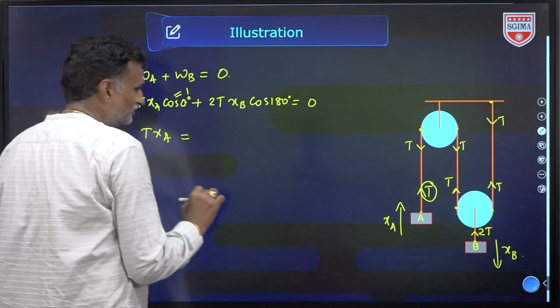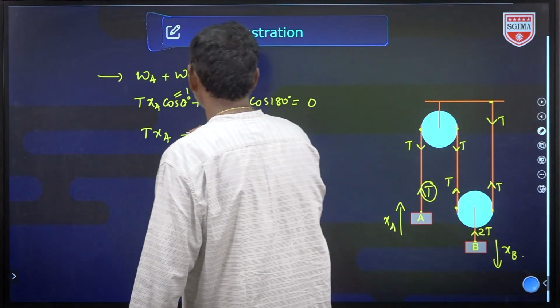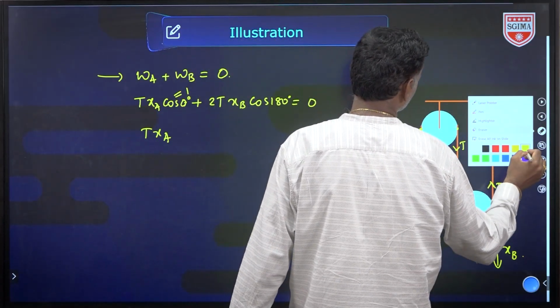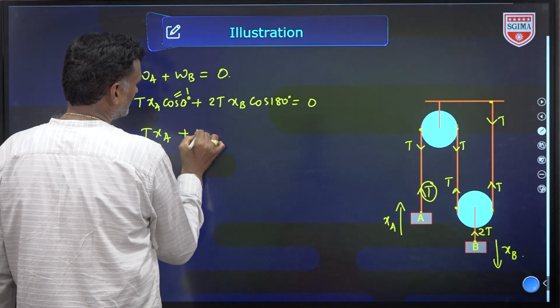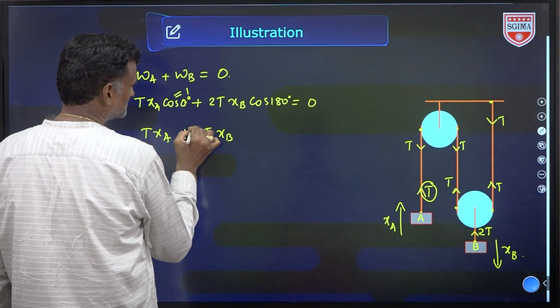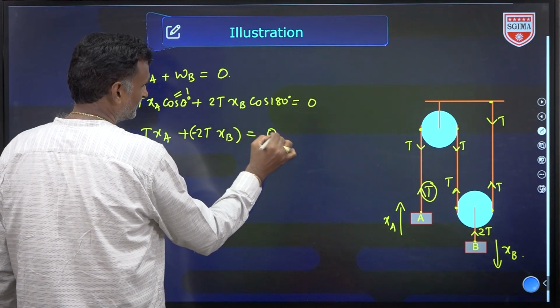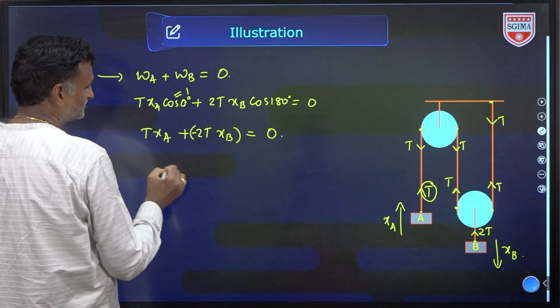Sorry, here it is not equal. We just need to write T XA plus 2T XB, where here it is minus, so we write it in a bracket, equal to 0. This minus, shifting to the right side, becomes plus.